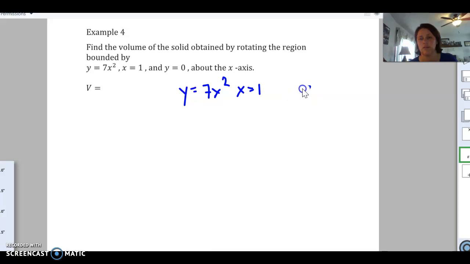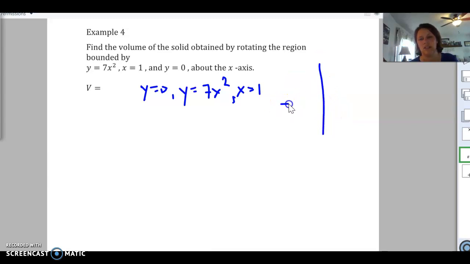So let's move this over so we have room to write. Okay, and y equals 0. All right, so we want to take these equations now. For your quiz, this is when we're going to start revolving things around the axis.